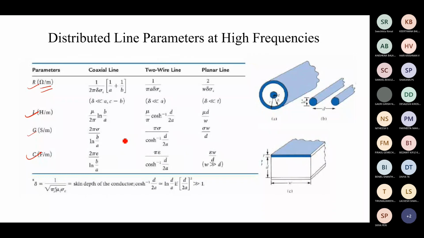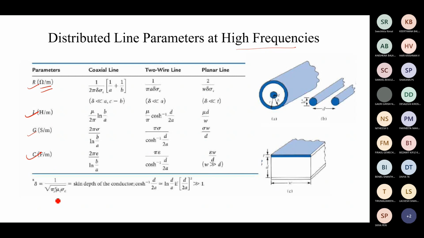Now the challenging part is that the wave propagation and these distributed elements, which we call RLGC, are supposed to be connected. Interestingly, these equations are valid only for high frequency signals. When you give a low frequency signal, the same coaxial cable will behave in a completely different way. You have to keep that in mind.